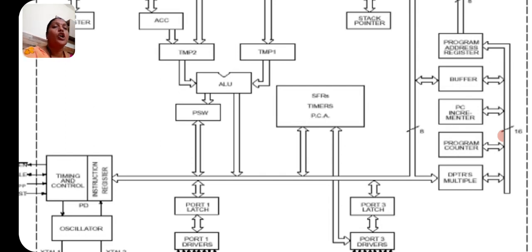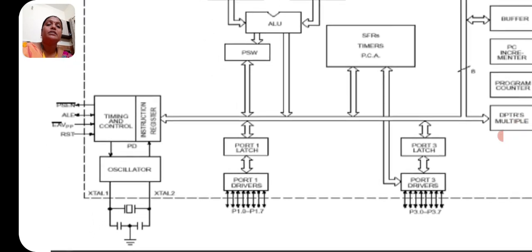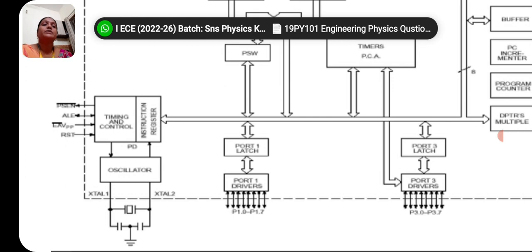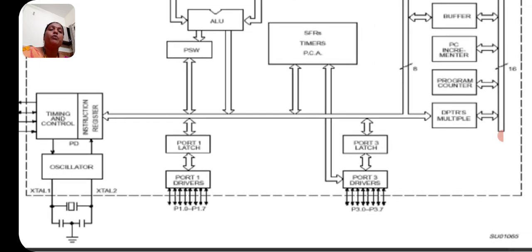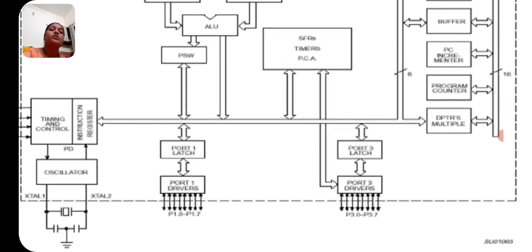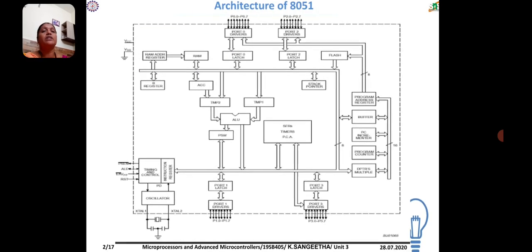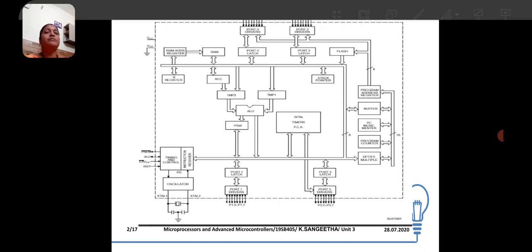The output of the ALU is connected with the PSW, and SFR registers are available. On the left side of the diagram, there is a timing and control circuit and an oscillator circuit, and at the bottom of the architecture, port 1 and port 3 are connected, and on the right side the registers DPTR, program counter, and stack pointer are available. So this is the architecture diagram of 8051.